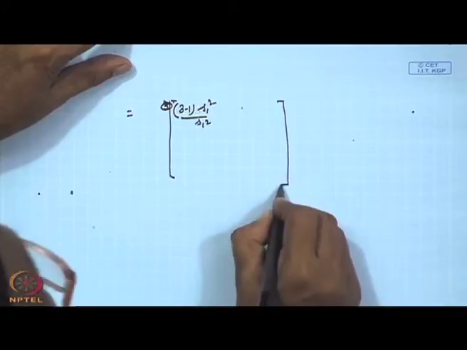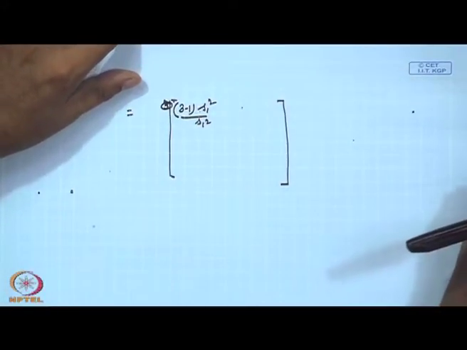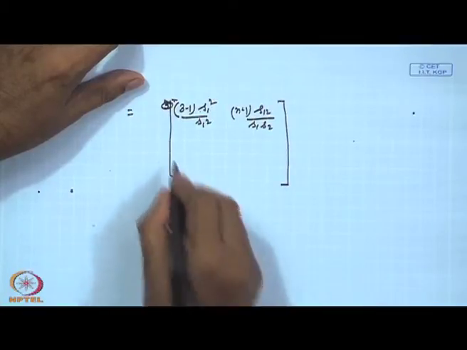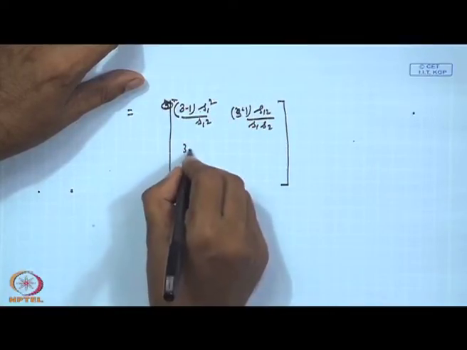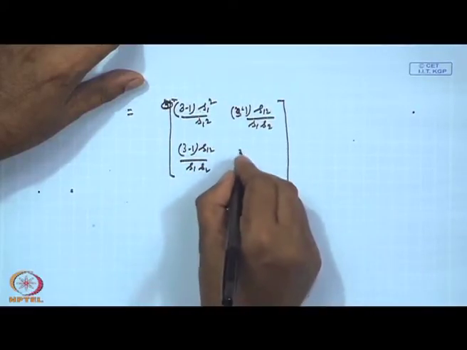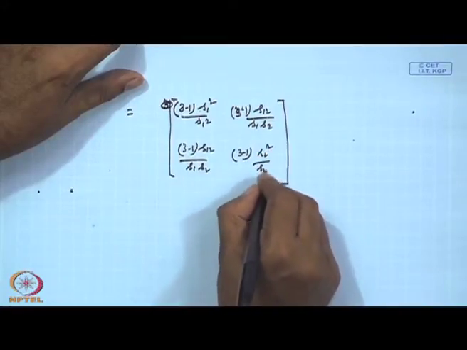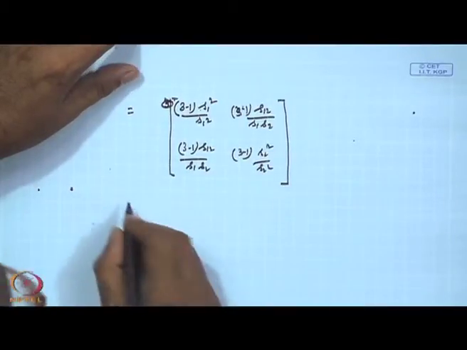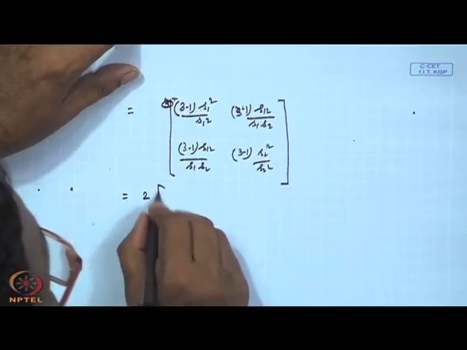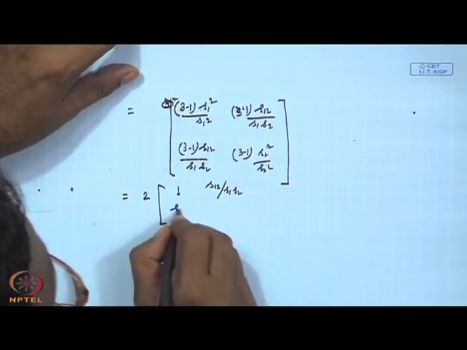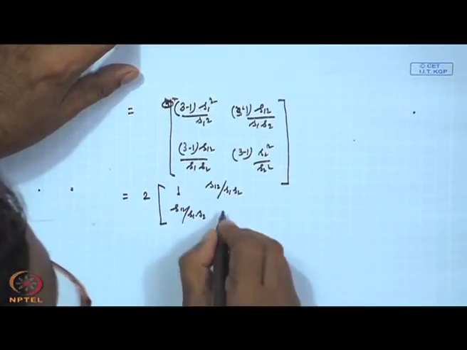Then the second one: this is the covariance, yes or no? You will get (n minus 1) S12 by S1 S2, that is, n is 3 here, so (3 minus 1) S12 by S1 S2, and this one also gives (3 minus 1) S2 square by S2 square. If I take out 3 minus 1, which is basically 2, then I will get 1, S12 by S1 S2, S12 by S1 S2, and 1.